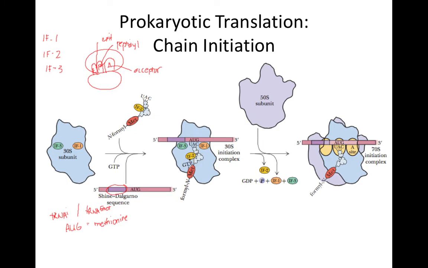So GTP is used up, and so these factors dissociate. Now your 50S subunit can bind successfully to the initiation complex. So together, you now have your 70S initiation complex. And now the A site, which is largely found in your large subunit, is free to position your incoming tRNAs.